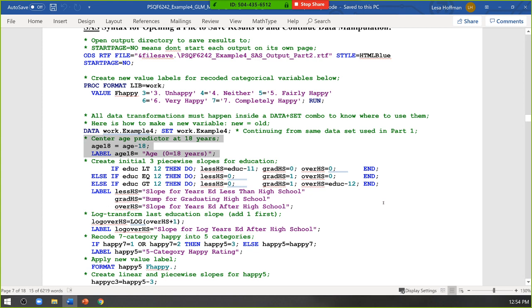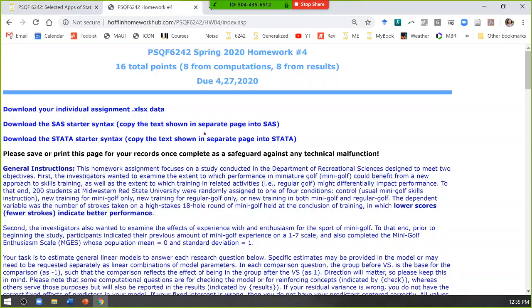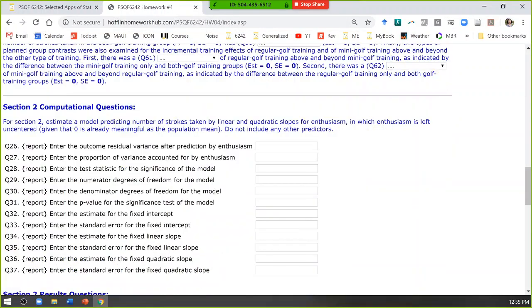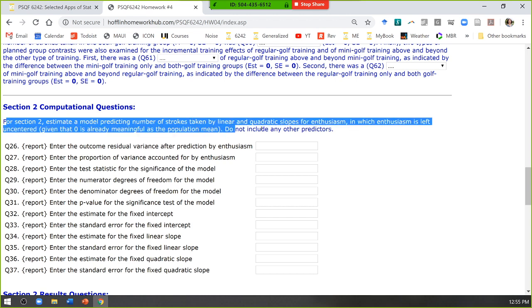So you would need to center the predictor if the instructions asked you to. I believe in this case, let me pull up the homework because I opened it up just to make sure. So this is homework 4 that I have scrolling by. Okay, in section 2, enter a model predicting number of strokes taken, so golf scores, as the outcome, from linear and quadratic slopes for enthusiasm, in which enthusiasm is left uncentered.